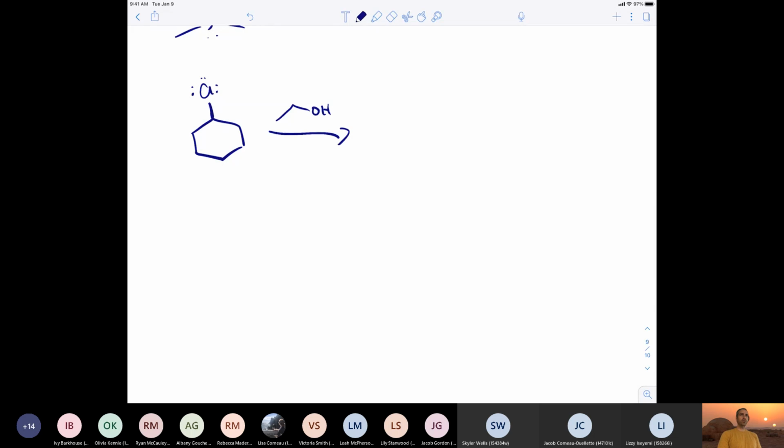So what kind of alkyl halide do we have? Primary, secondary, or tertiary? Good. Secondary. 2 beta carbons. Here and here. Do we have an alkoxide?